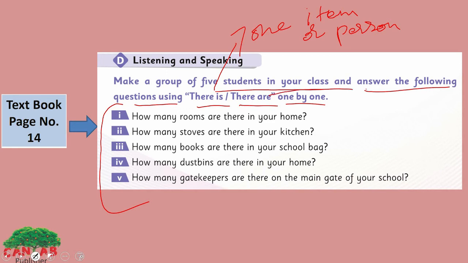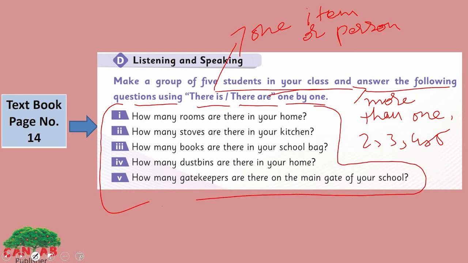And there are more than one, like 2, 3, 4, 5 and so on. We have learned this concept. You have to make a group of 5 students and practice these questions. Ask these questions from one another and choose there is and there are words in your sentences.